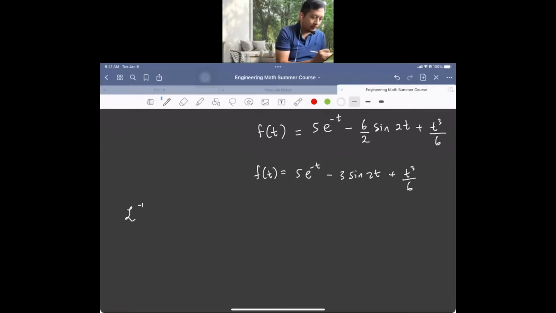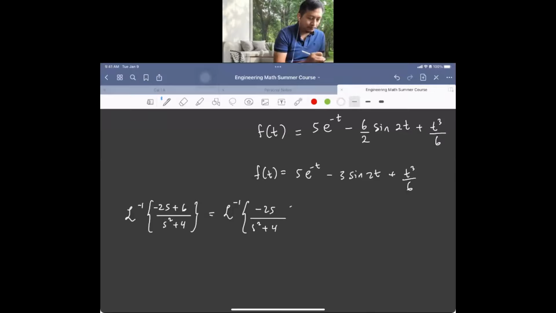Okay. What will happen if we need to evaluate the inverse Laplace of negative 2s plus 6 divided by s squared plus 4? What will happen? We can separate this Laplace. So the first one is negative 2s over s squared plus 4, and maybe we will write.